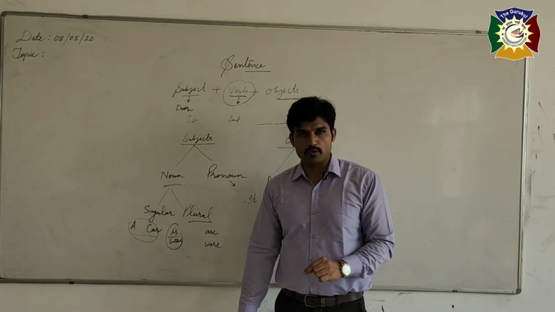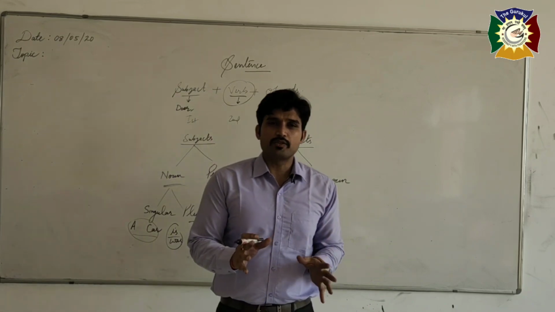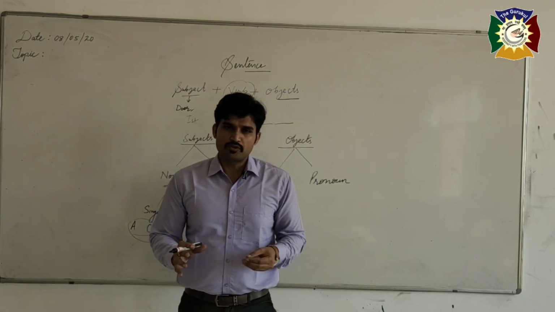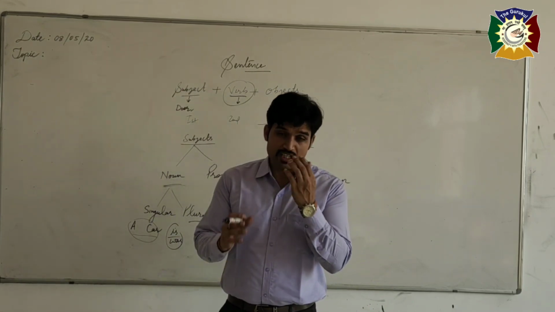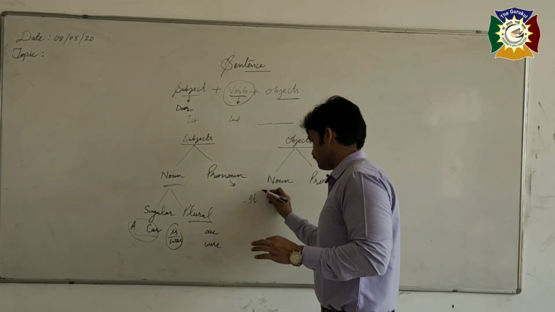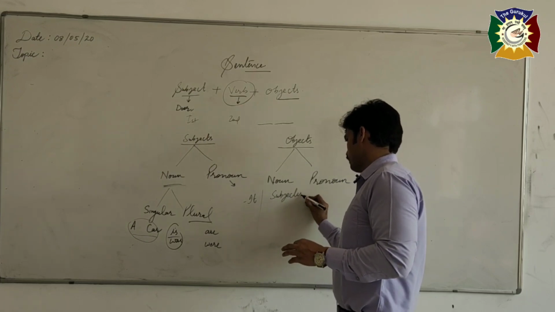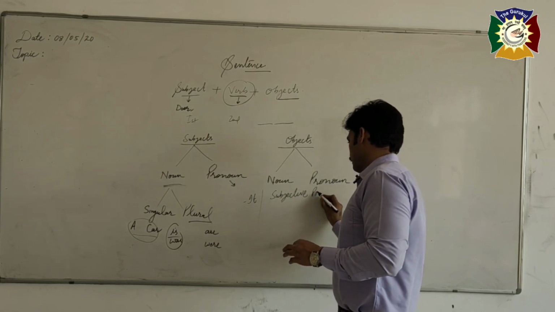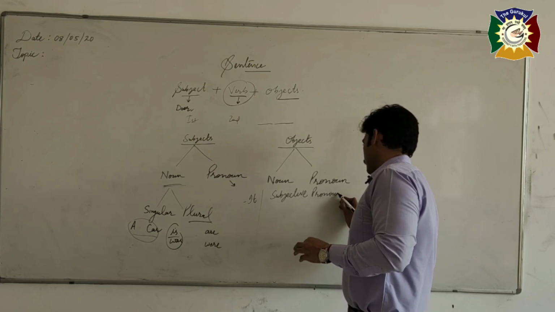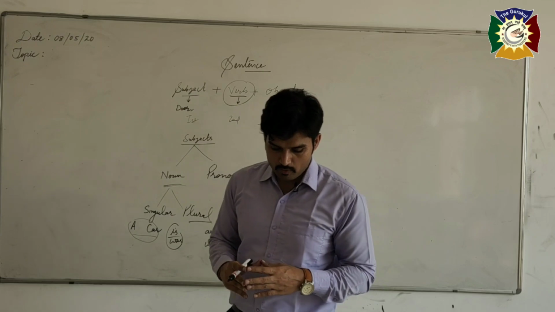This is a pronoun. Now when we learn about pronouns, I would like to tell you 2-3 things related to pronouns which will help you when you make sentences. First thing, subjective pronoun. What do you mean by subjective pronoun?